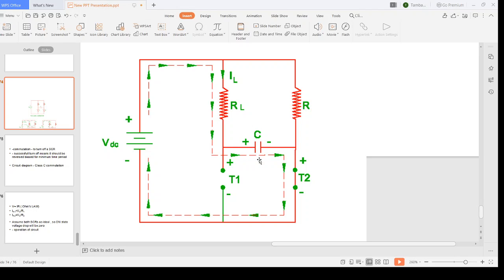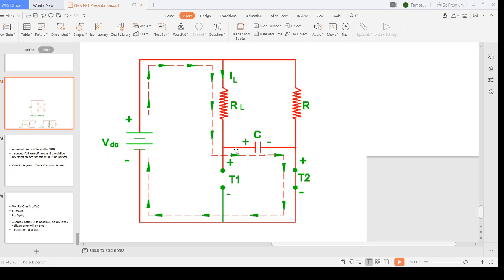Now in this mode, the SCR continues to carry the load current. This SCR2 will continue to carry the current. Voltage on capacitor C is constant.